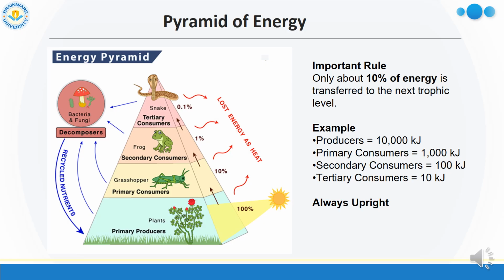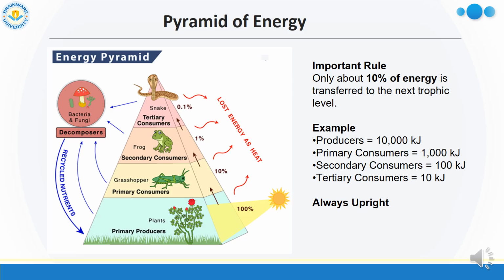And energy will flow from producers to consumers. Here, one important thing is 10% rule. That means if the producers have 10,000 kilojoule energy, in the next trophic level, that means primary consumers will have 1000 kilojoule energy.